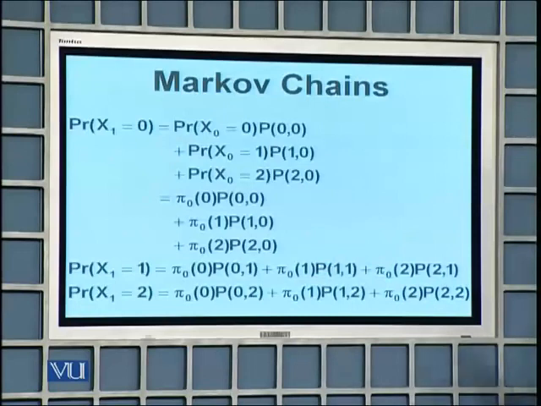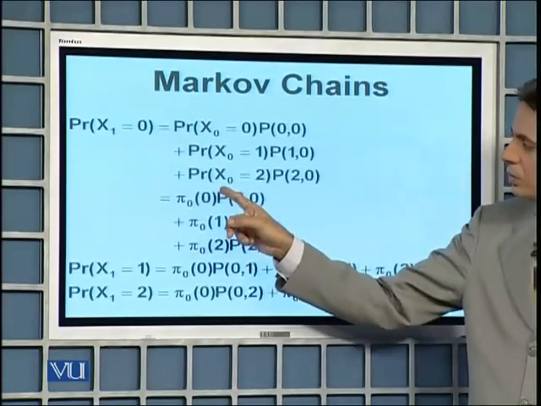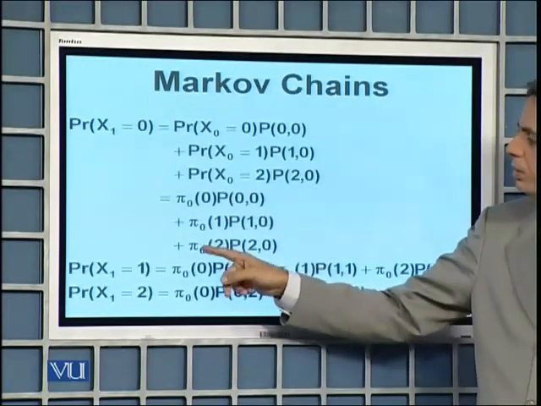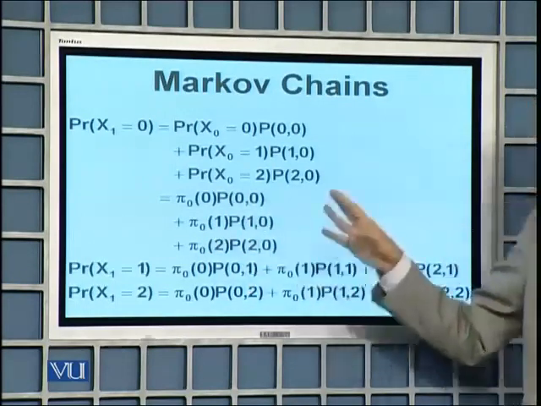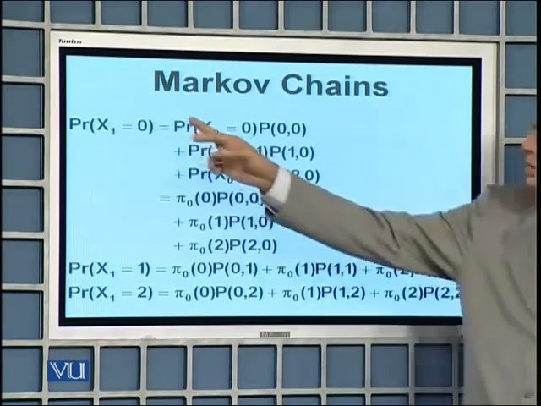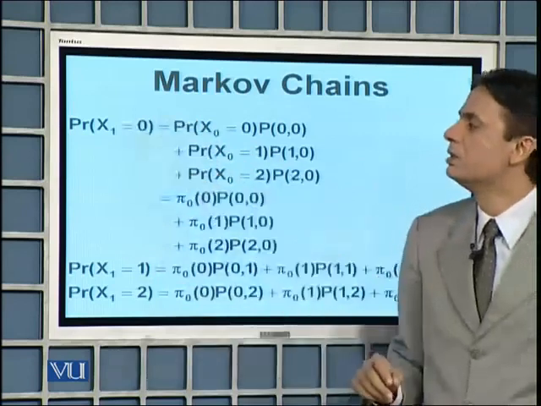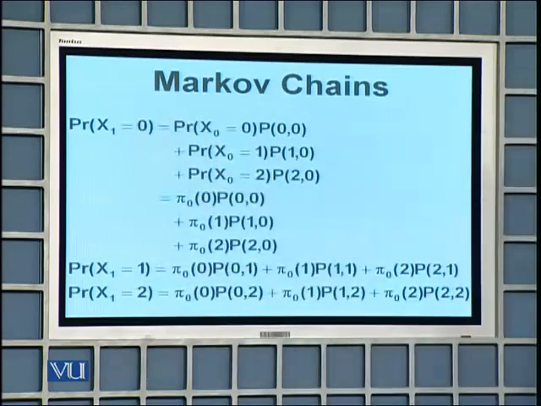So if you know the initial probability distribution, which consists of pi 0 of 0, pi 0 of 1, pi 0 of 2 and the transition probabilities, you can find the probability of this Markov chain being in state 0, 1 or 2 when the first sampling instance occurs.